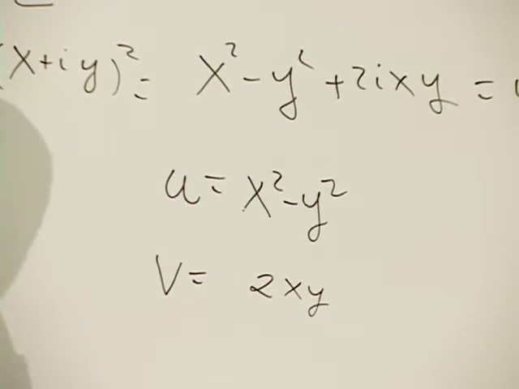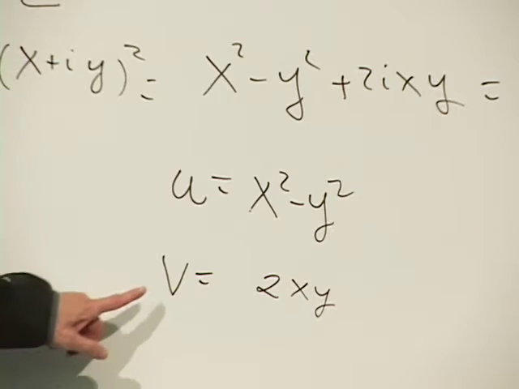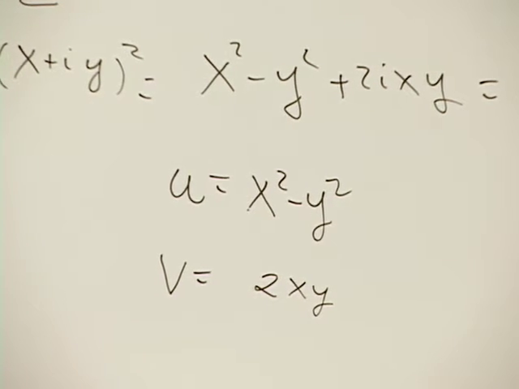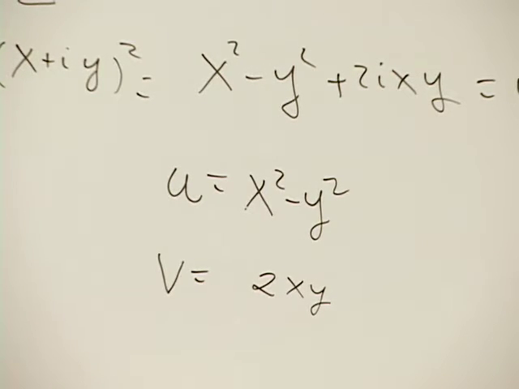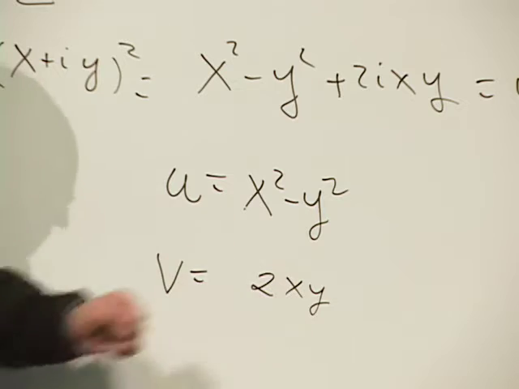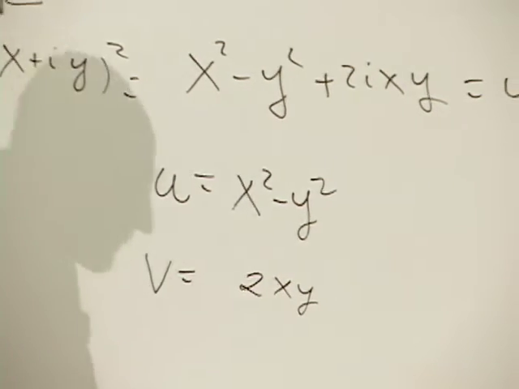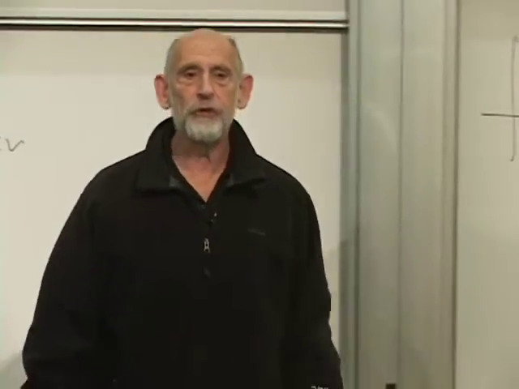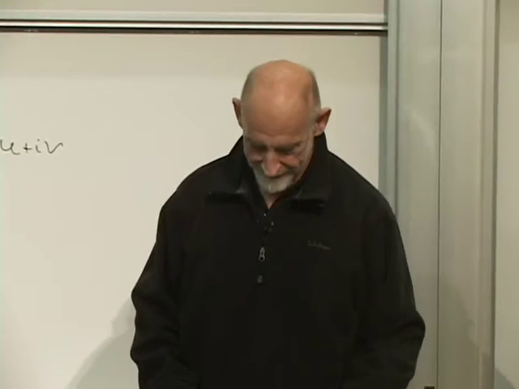What about the second derivative of v with respect to x squared? 0. If you differentiate it once, you get y, and then you can't differentiate it with x again. Likewise, this one also is a good solution of Laplace's equation.